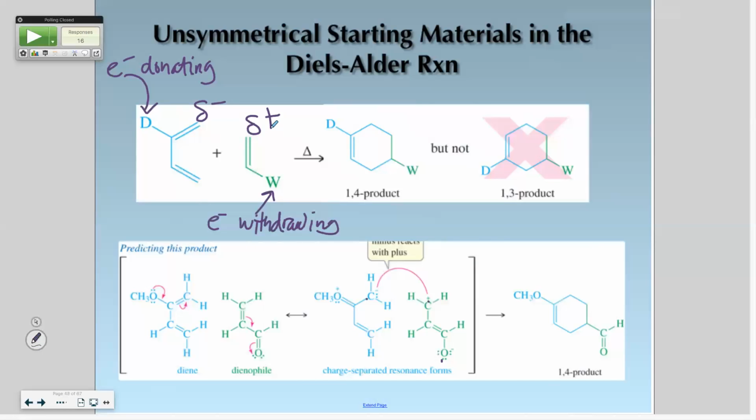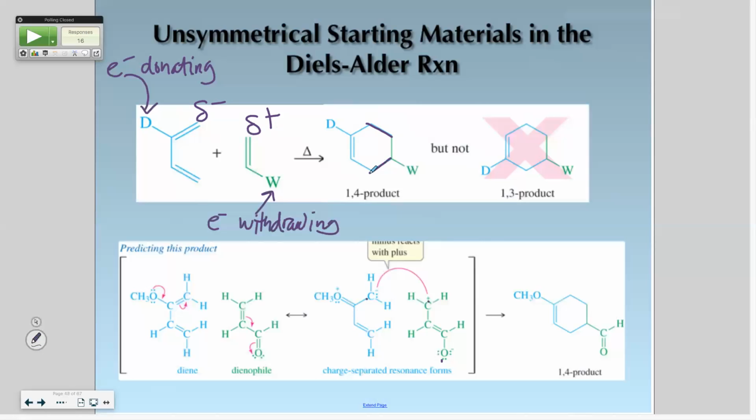So it only makes these two sigma bonds. Those are the only ones that get made. Okay, this does not occur where it's flipped the other way. Okay, and in this example, they just flipped this one. Does everybody see that those are the two possibilities?